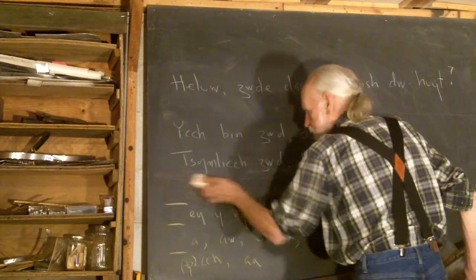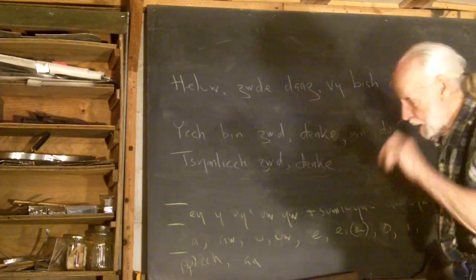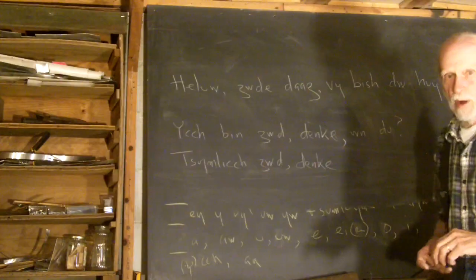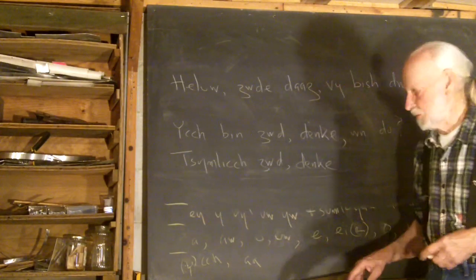Now, I also went through what we think of as the vowels. Actually, I've got to explain to you about diphthongs, but I won't do it right now. These are mostly diphthongs.